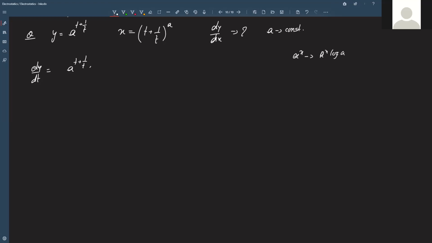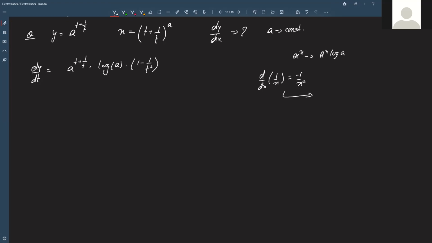So this is log a, but this t plus 1 by t is a function, so that also has to be differentiated. So that becomes 1 minus 1 by t square. Remember this, dy dx of 1 by x is actually minus 1 by x square. So you can derive and prove it if you have forgotten this.